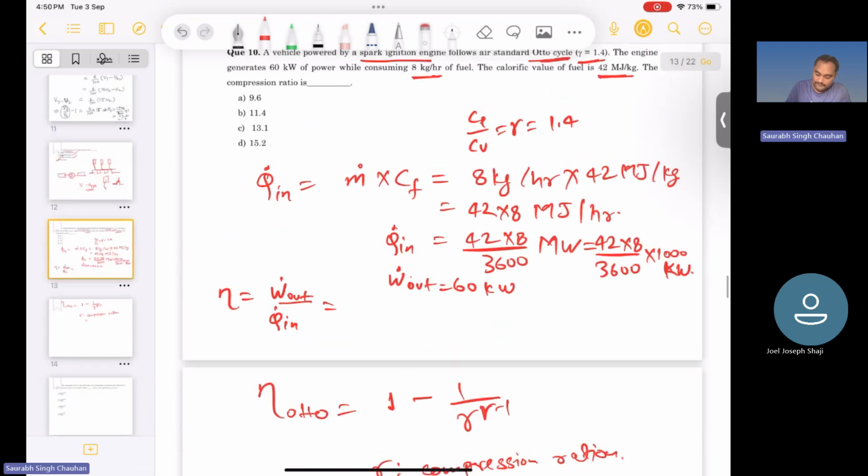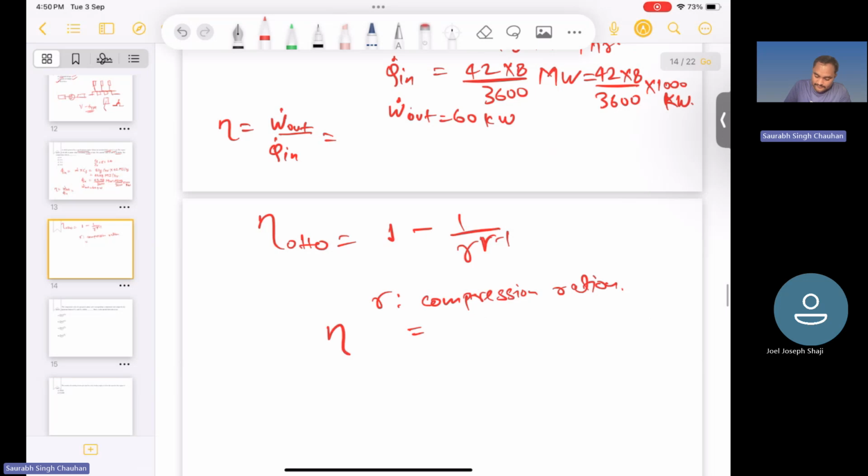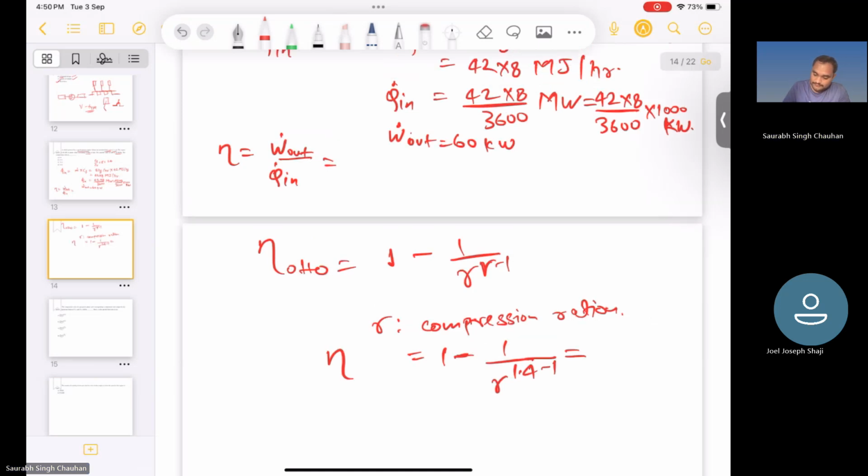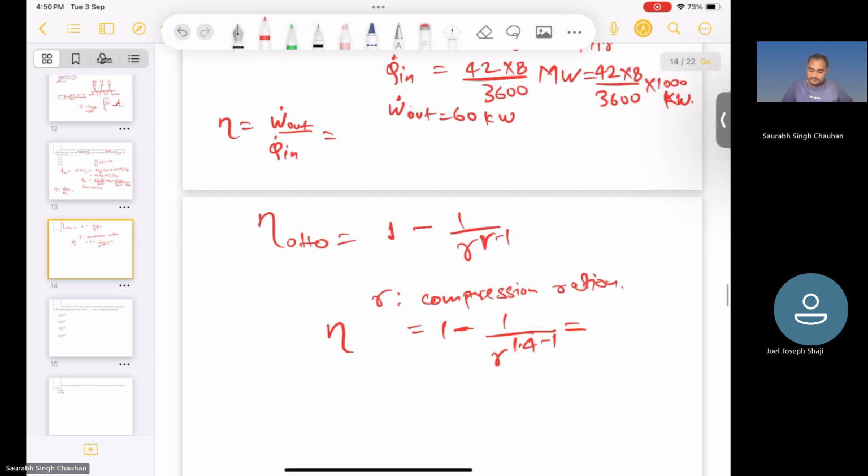Gamma is given 1.4. So eta from this formula we will find as 1 minus 1 divided by r to the power 1.4 minus 1. From here we can find this value, and we can compare and find the r. So this is equal to 42 into 8 divided by 3.6. So from here we can find the r.